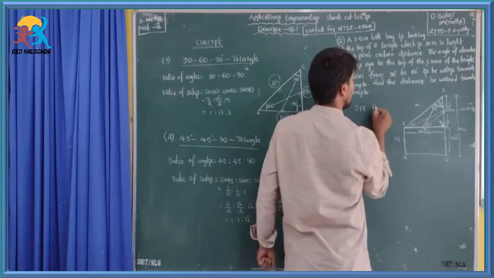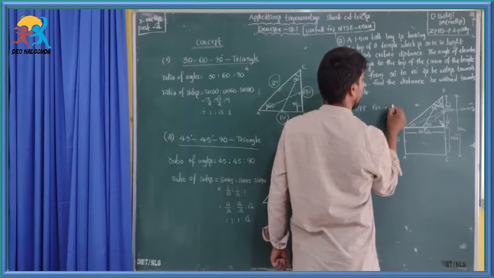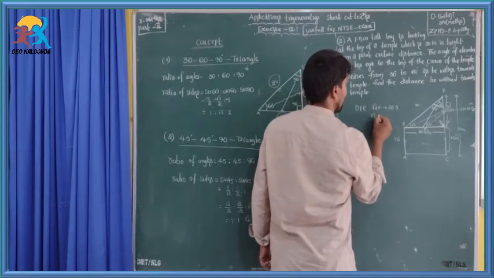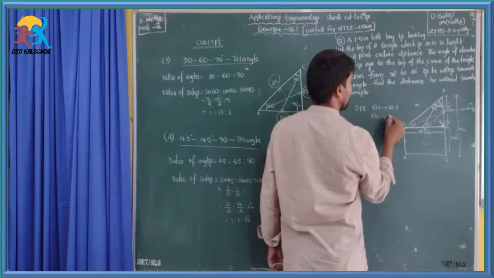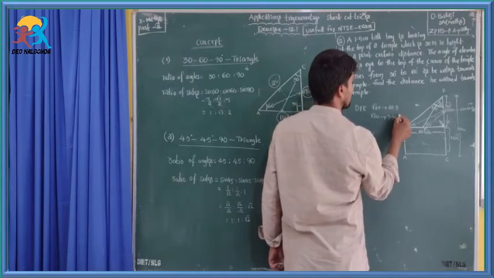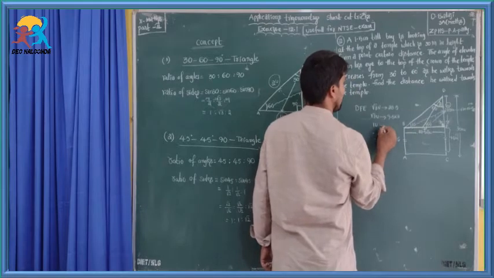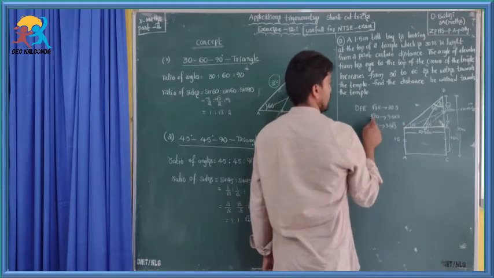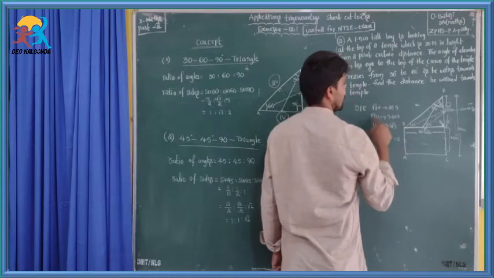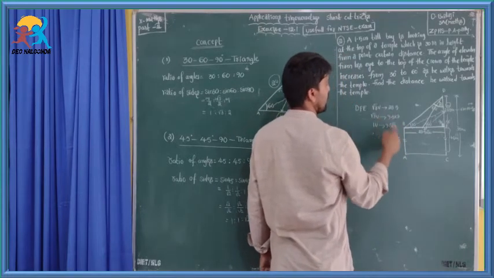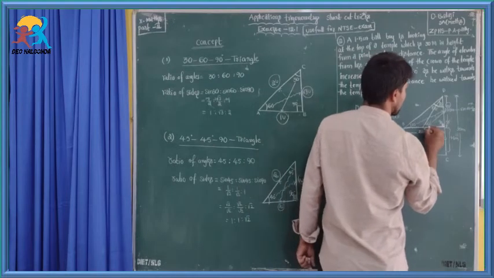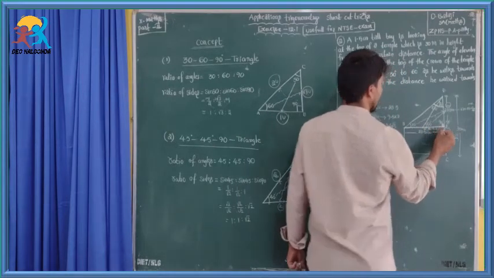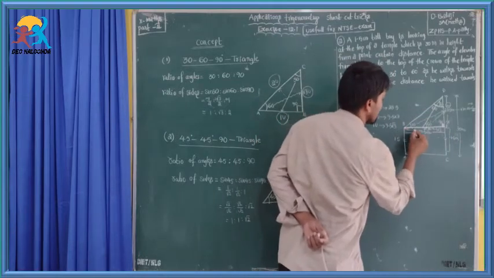Thus, root 3 units is 28.5. So root 3 units is 28.5, which can be written as 9.5 into 3, that is 1 unit value is 9.5 root 3, since transferring root 3 from LHS to RHS, 3 by root 3 is root 3. So this distance is equal to 9.5 root 3.